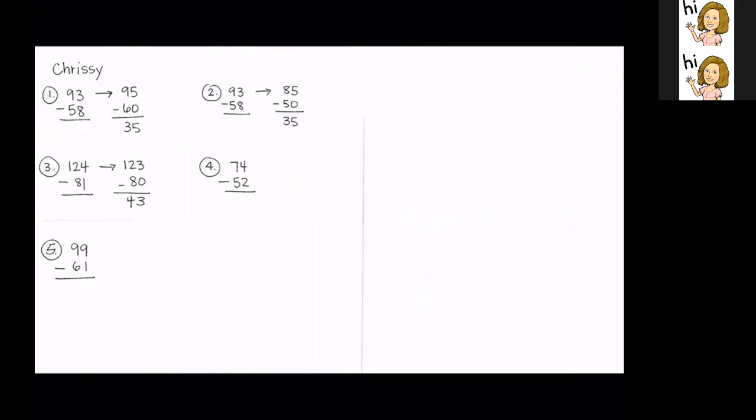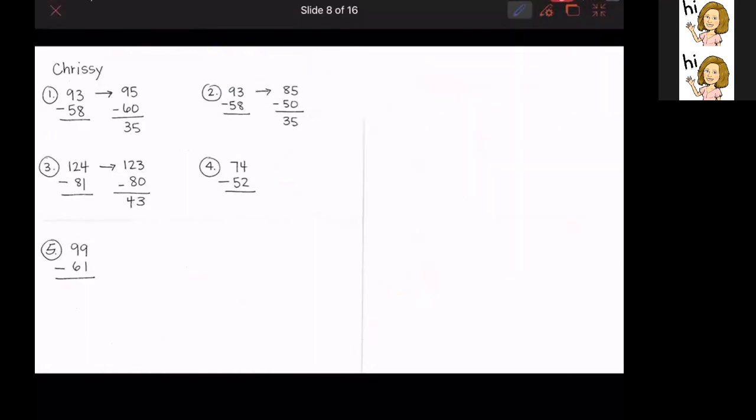And so for Chrissy, her strategy looks a lot like Abby's, but again, now we're not adding, we're subtracting. And so I want to bring your attention to a couple of things with Chrissy's strategy. Again, there's no rounding. And just like with Abby's strategy, we can consider this as making the friendly numbers, right?